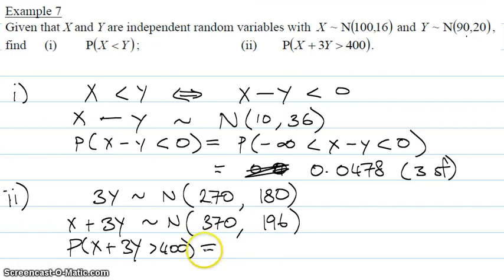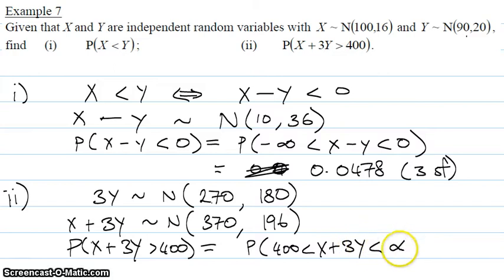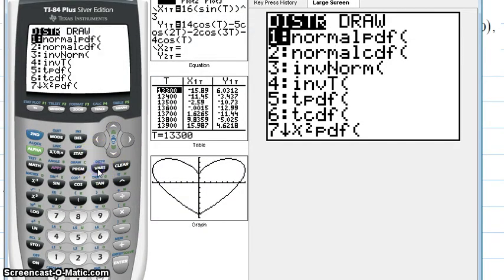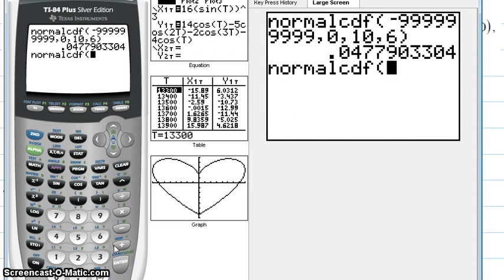So remember, this is essentially the probability that 400 is less than x plus 3y is less than positive infinity. Keying it in with those bounds, again distribution, normal CDF, our lower bound was 400, our upper bound was infinity, so I'm just going to put some 9s in there.